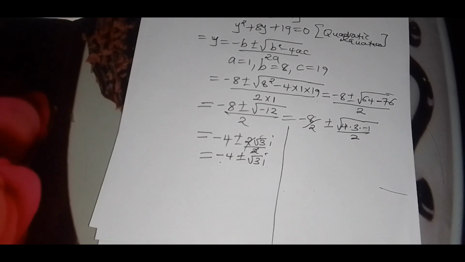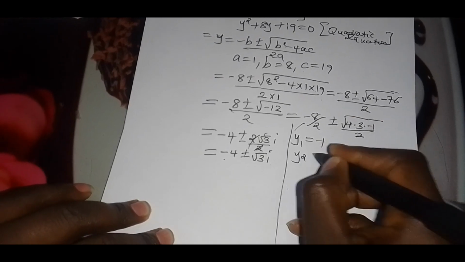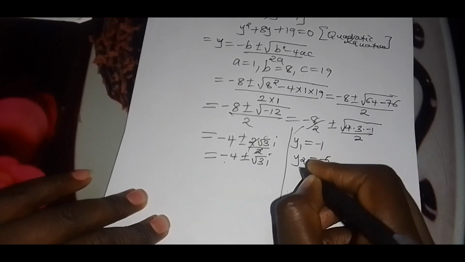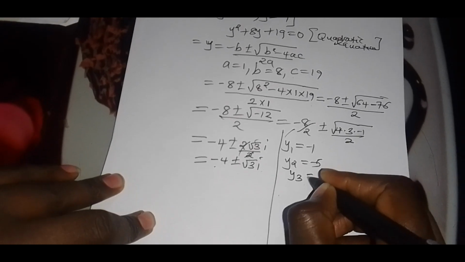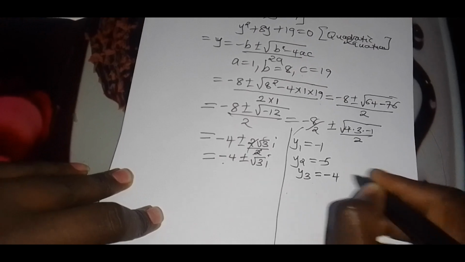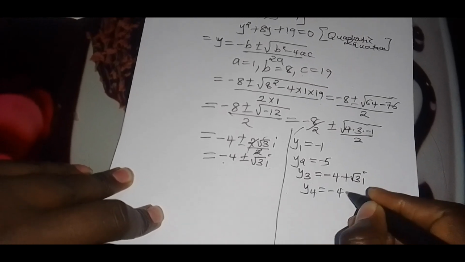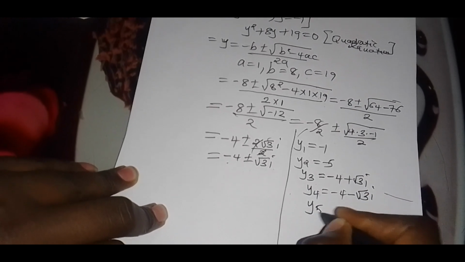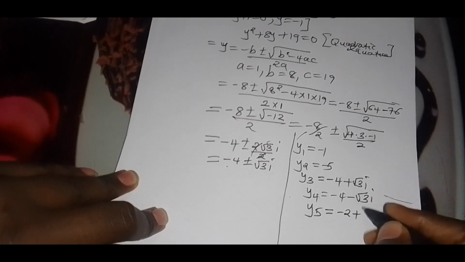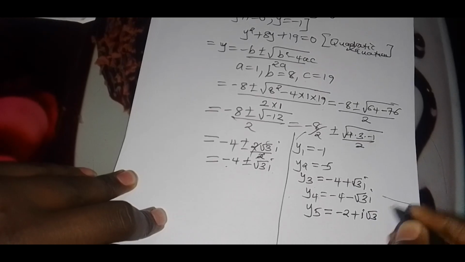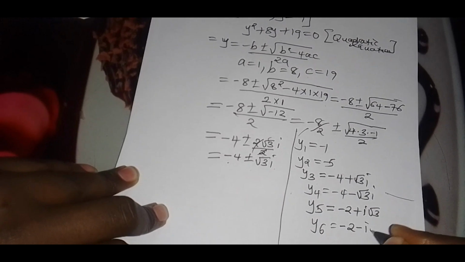Remember we had y1 is equal to negative 1, y2 is equal to negative 5, then y3 is equal to negative 4 plus square root of 3 i, and y4 is equal to negative 4 minus square root of 3 i, and then y5 is equal to negative 2 plus i square root of 3, and y6 is equal to negative 2 minus i square root of 3.